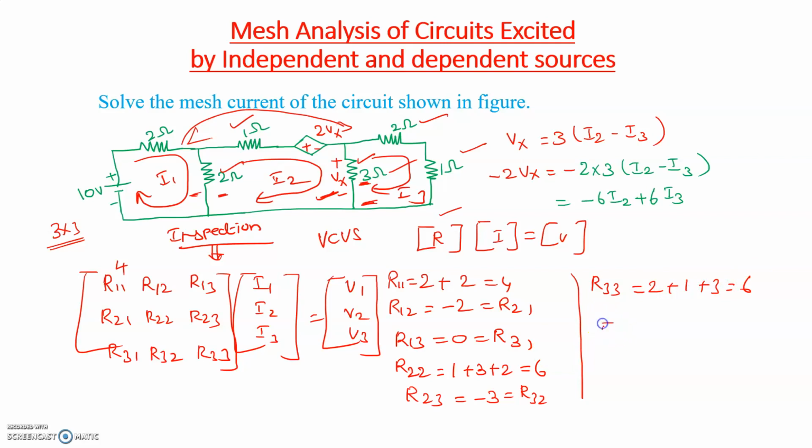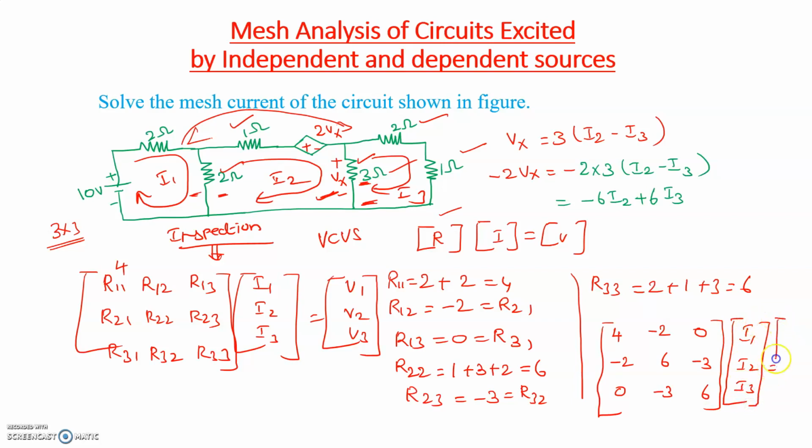R11 is 4, R12 is minus 2, R13 is 0, R21 is minus 2, R22 is 6, R23 is minus 3, R31 is 0, R32 is minus 3, and R33 is 6, into I1, I2, I3, which is equal to the voltage matrix.